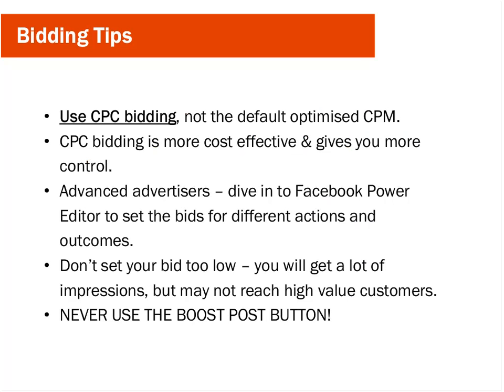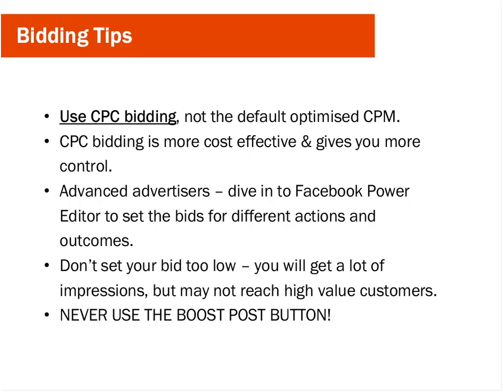For advanced advertisers, yes, you can dive into Facebook Power Editor, and you can use some tools in there to set bids for different actions and outcomes. That could be effective if you know your audience and what you're prepared to pay for different outcomes very well, but I really think for most people you need to stick to cost per click bidding.